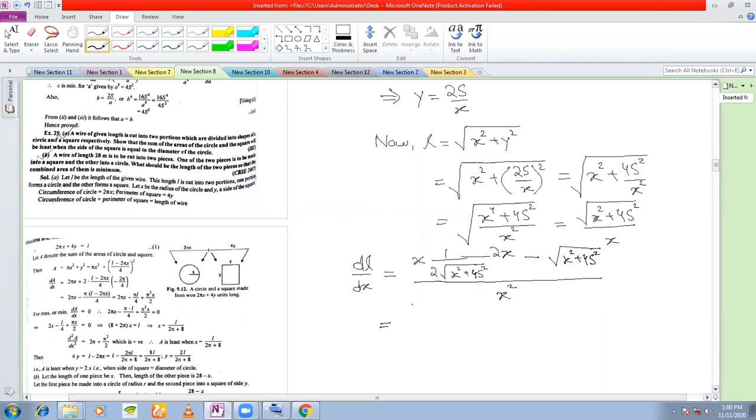So now you calculate this, you get, this 2 cancels, and if you take the LCM in the numerator, what do you get?